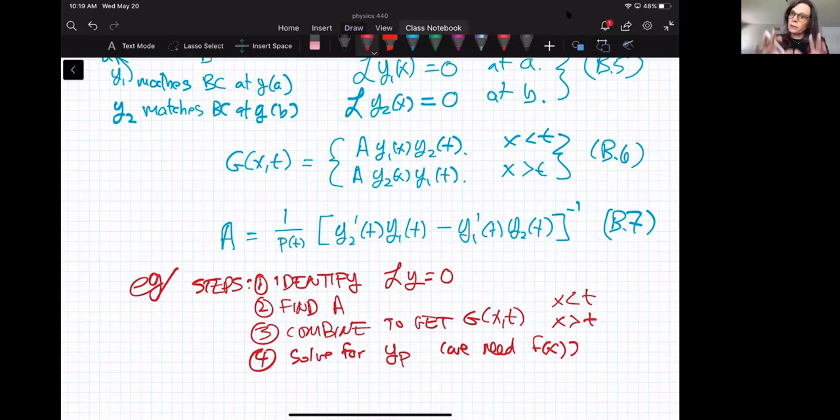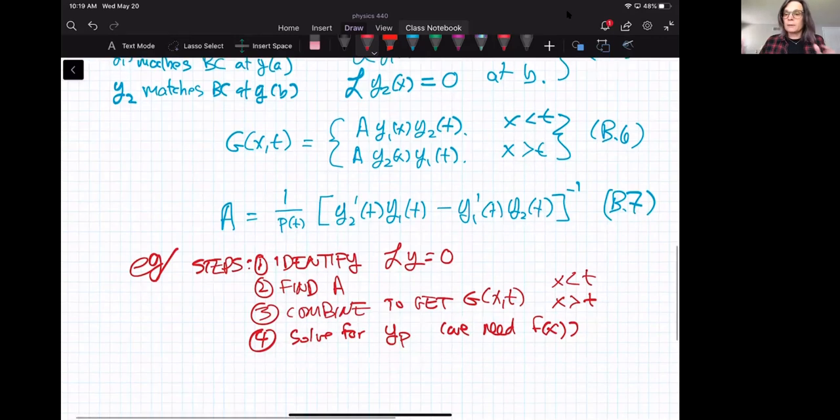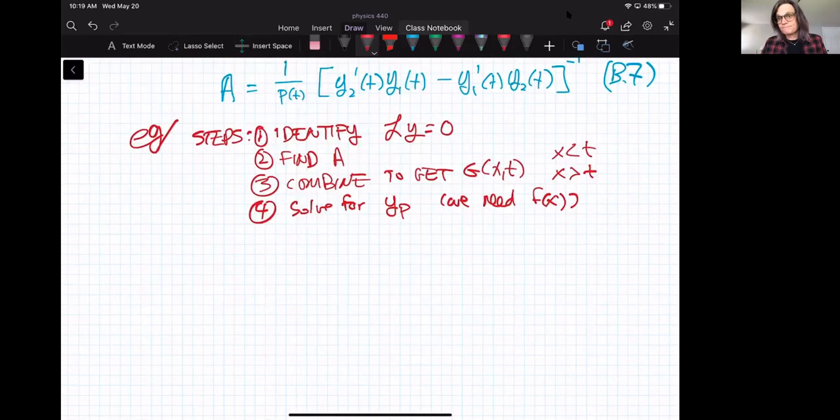Once you know what the Green's function is, you have a pathway to solving the non-homogeneous partial differential equation, which is really cool. Now, it might be that you get an integral that you can't do, but fortunately, that's what Wolfram is for. So anyway, let's look at a specific example.